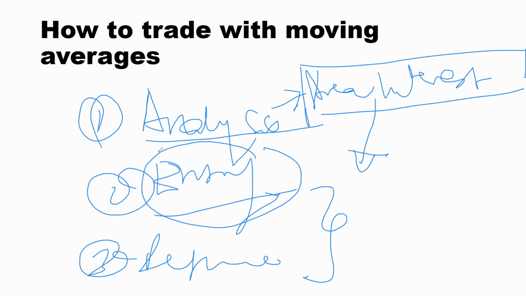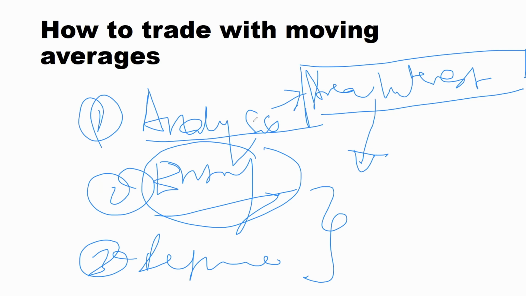Someone tells you I'm a swinger, but he's changing the time frames you're doing analysis from. Someone tells you I'm an intraday, but you're taking your entry in swingers time frames. You're saying you are a swinger, you're taking your entries in scalping timeframes, which is very wrong, right? So you have to make sure you choose these 3 categories of timeframes. 1, where you do analysis from, then 2, where you take your entry from, then where you refine that entry from to have a better risk to reward ratio.